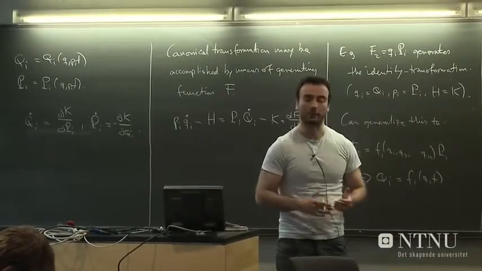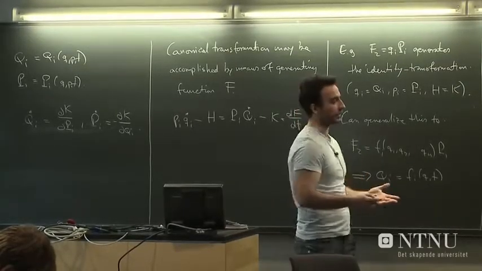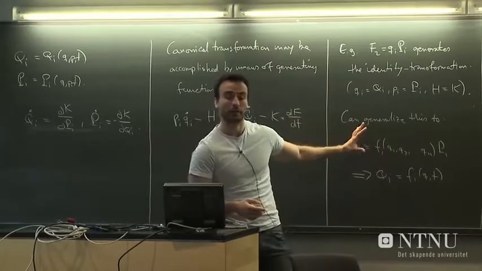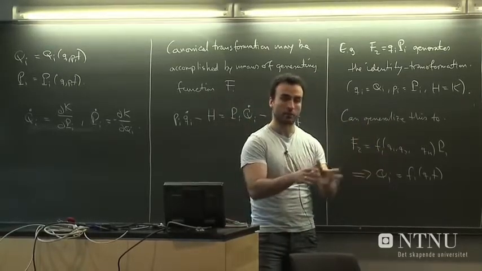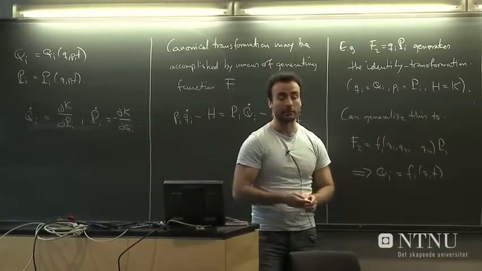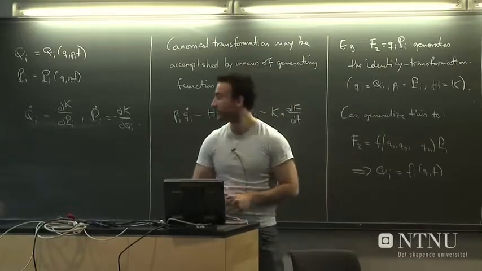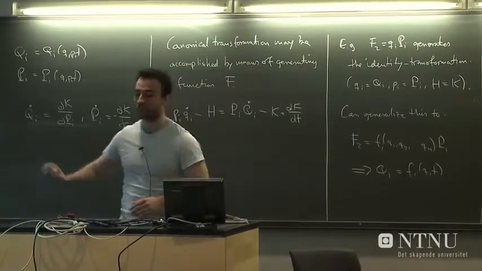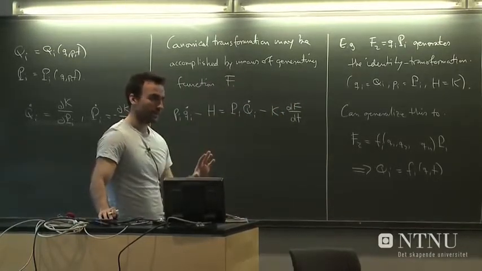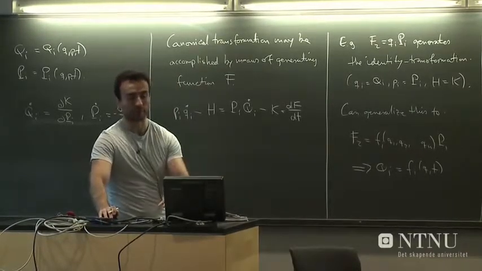From its form, it was not familiar to us. But then we saw that by applying a canonical transformation on the coordinates of the Hamiltonian, we could recast it into a well-known form, namely the harmonic oscillator. So that's one practical use of these type of transformations, that we can rewrite the problem in terms of something which is more familiar.